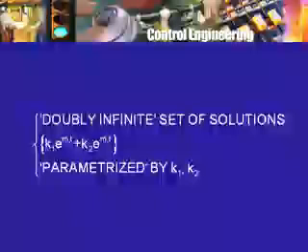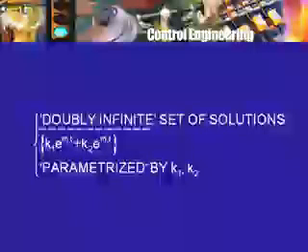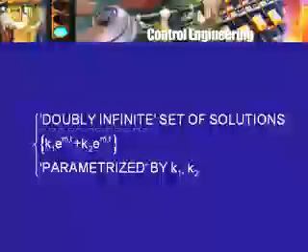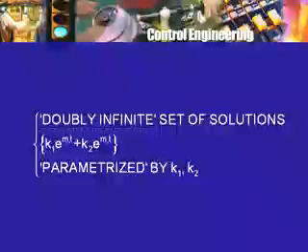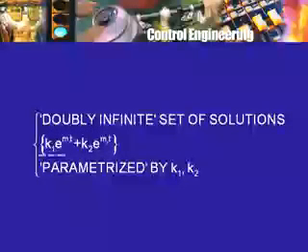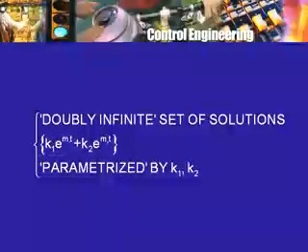So we will get not only an infinite family, but an infinite family which is said to be doubly infinite, in the sense that there is a k1 that I can choose as any real number. Think of real numbers as put in some bag. There are infinitely many real numbers, I pick one of them, and then I pick another number k2 from the same bag, maybe the same number, maybe a different number.